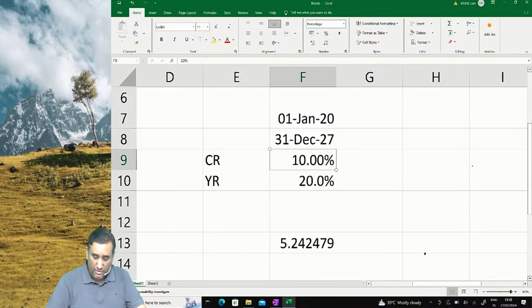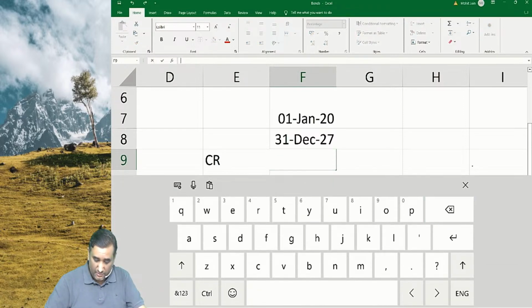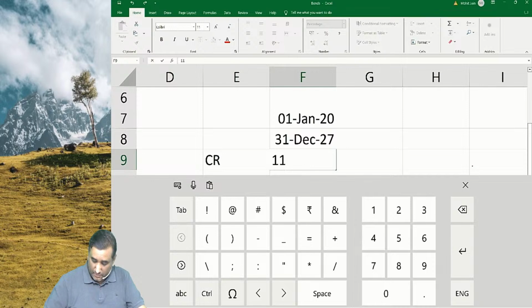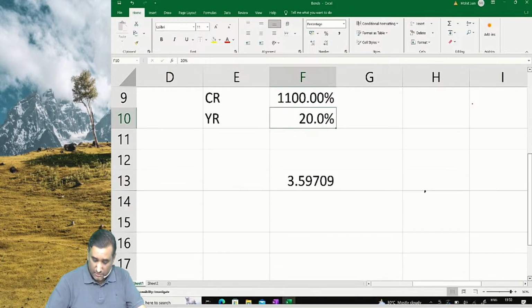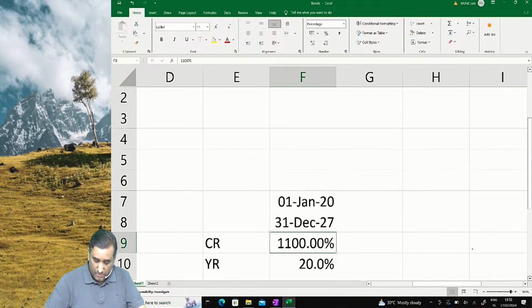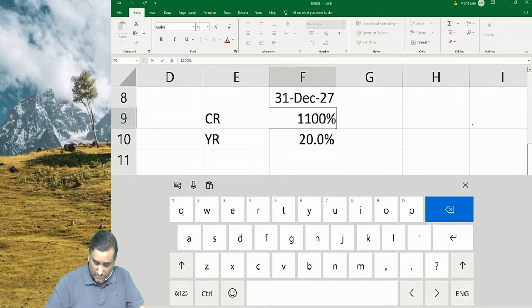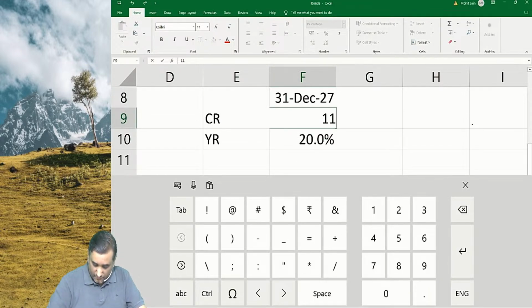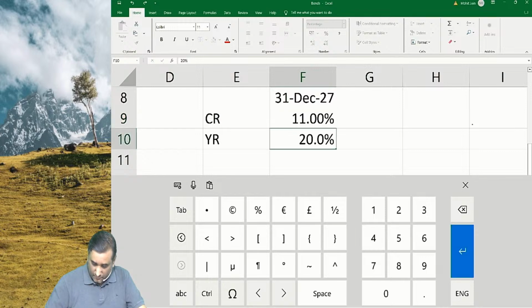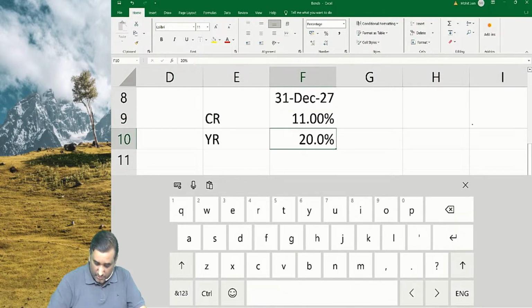What was the coupon rate for 8 years? Coupon rate was 11. Yield was? Yield was 9%.